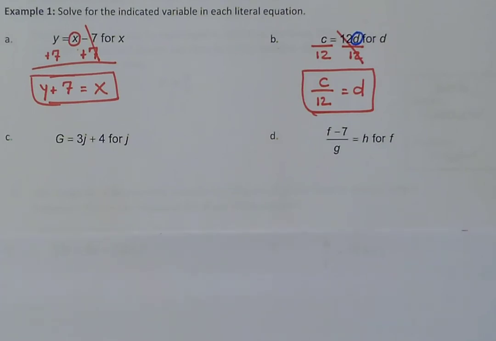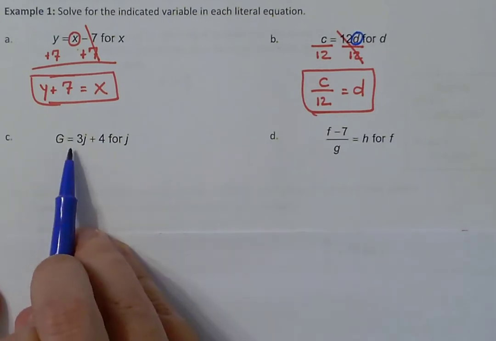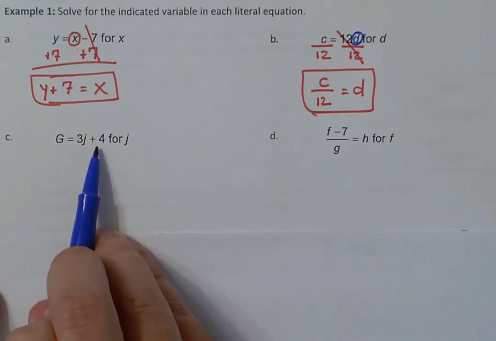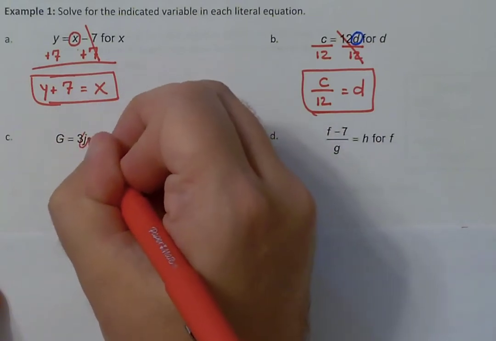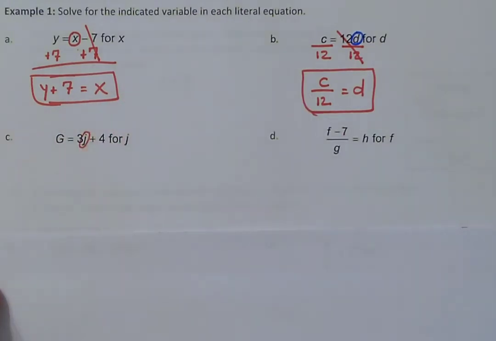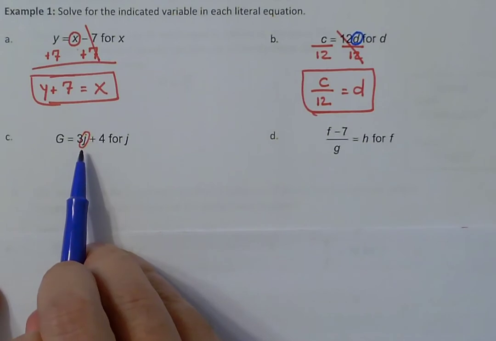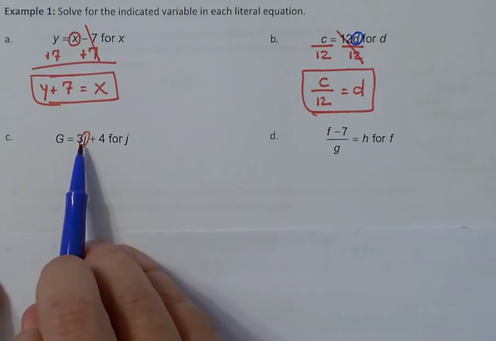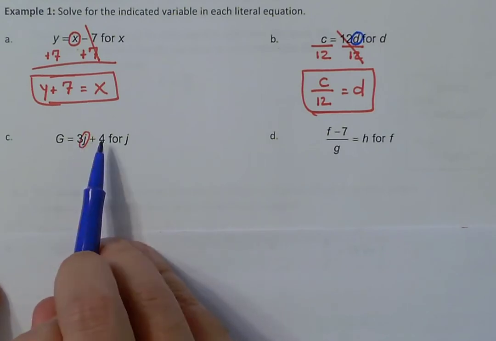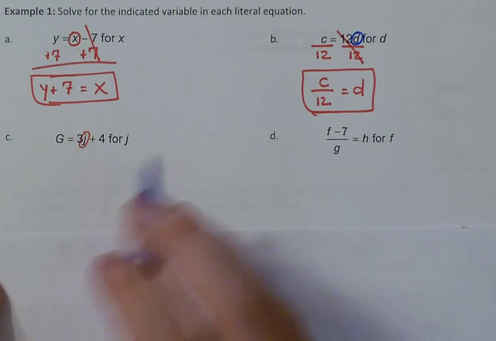All right, for C, we are going to have G equals 3J plus 4. And for this problem, they want me to solve for J. So I need to get J alone. What is happening to J? It's 3J plus 4, so J is being multiplied by 3 and added by 4.